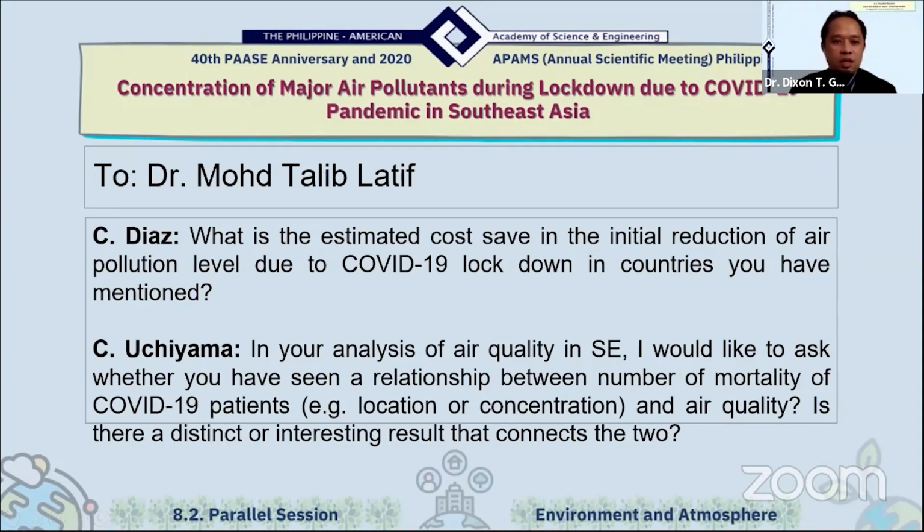And the other question is, in your analysis of air quality in Southeast Asia, from Mr. or Miss Okiyama, I would like to ask whether you have seen a relationship between the number of mortality of COVID patients and the air quality. Is there a distinct or interesting result that connects the two? Professor Dr. Latif?